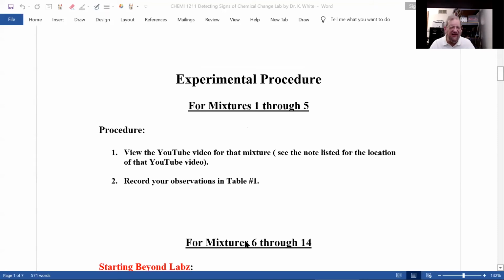Now, after the lab today, I have to send out an email to the Thursday's lab people because I didn't explain this well enough. The Beyond Labz lab for this, you can't measure temperature change and you're not going to see any bubbles form. Oh, I gave some of it away. But anyways, you're not.